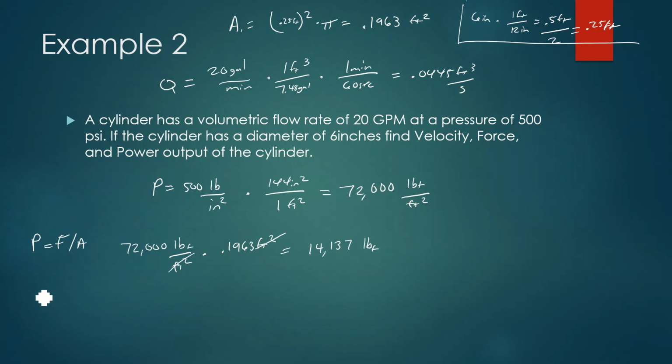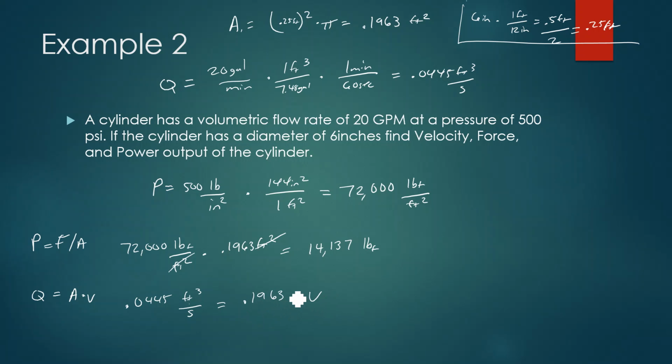Q equals area times velocity. So we have 0.0445, that would be in feet cubed per second, equals our area, 0.1963 feet squared, times velocity.